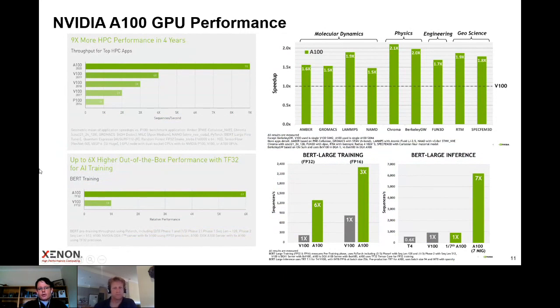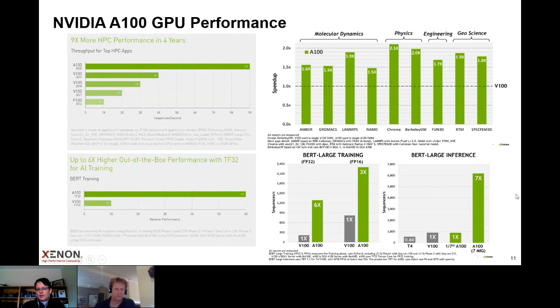Also then for the AI training, where of course the DGXs play to their strength with the AI and deep learning applications, there we see even bigger improvements, especially because of the TensorFlow 32 format, which can increase the training times on certain AI models, as shown in the benchmark, by 6x compared to the V100s.